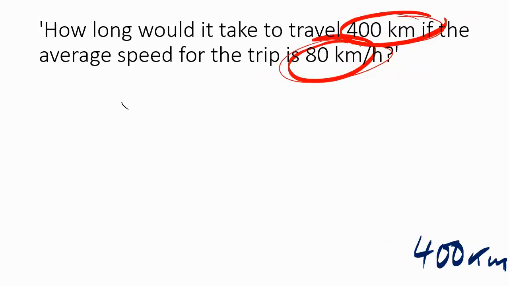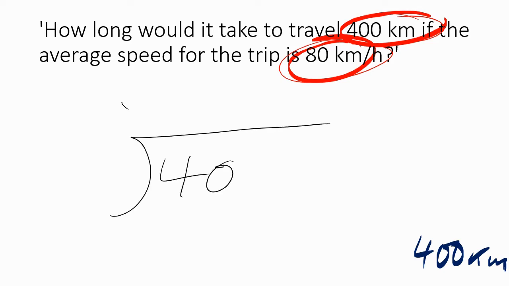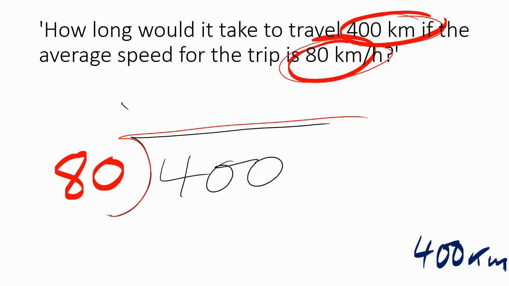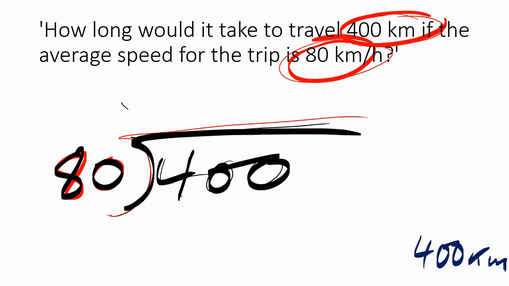So we could go like this: 400 kilometers divided by 80. That's what this means, divided by. That's the other option. So the other option is dividing 80 into 400 directly.